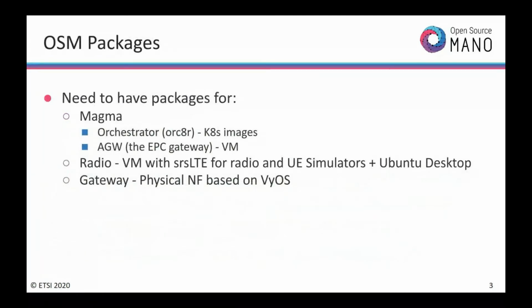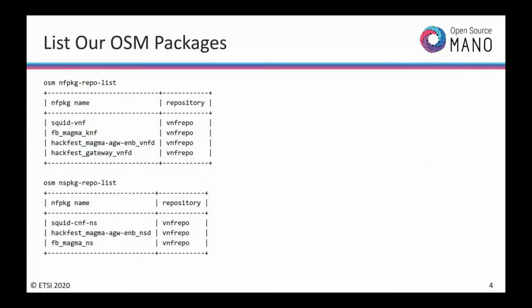So the OSM packages that we're going to be going through this week, we have packages for Magma, for the radio, and the gateway, which is the physical network function, or PNF, that was based on VyOS. I think Felipe may have just gone through this with the NF package repository list and NF package and NS package list.